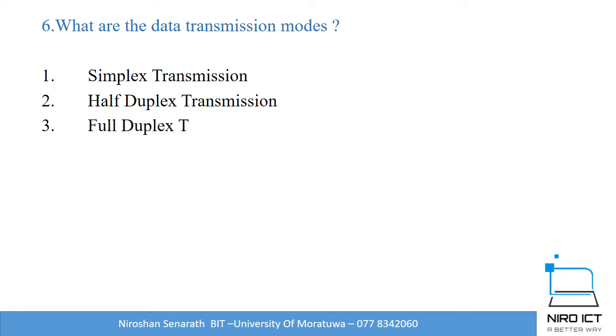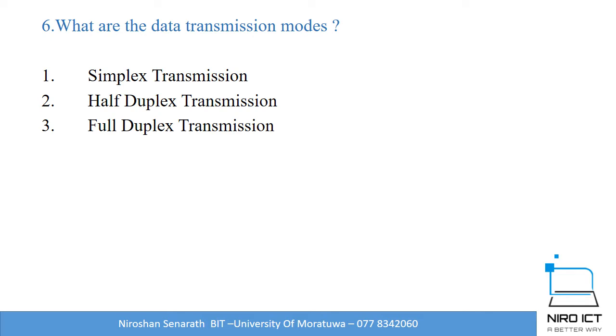So, if we want to complete the transmission, we have to fulfill three things, like I explained in the previous video. They are sender, transmission media and receiver. Transmission media can be wired or wireless, so we call those guided or unguided.